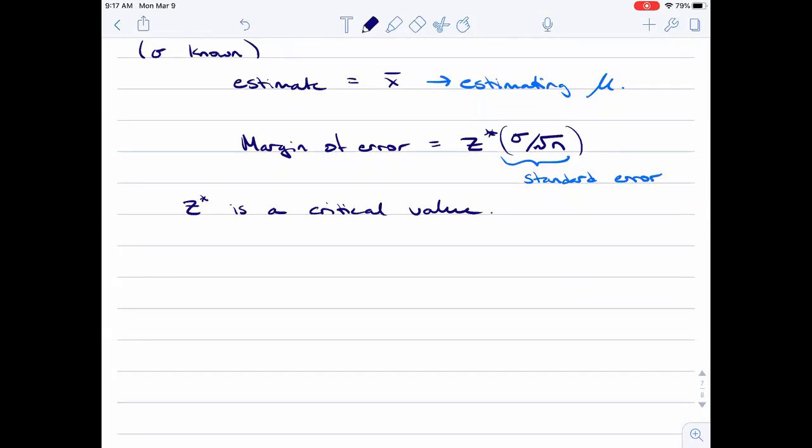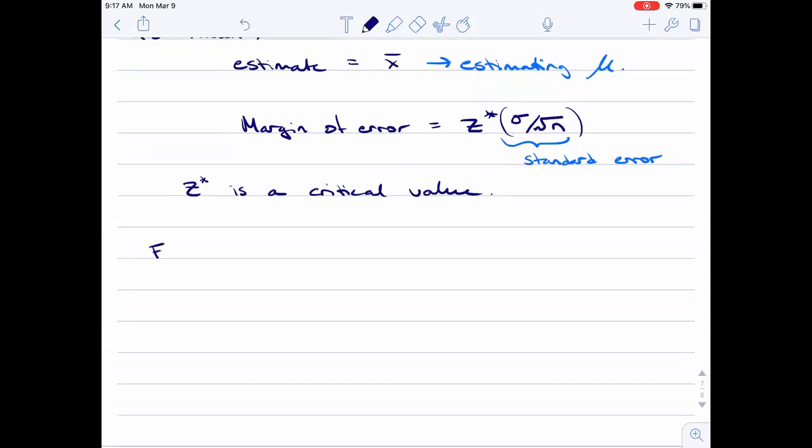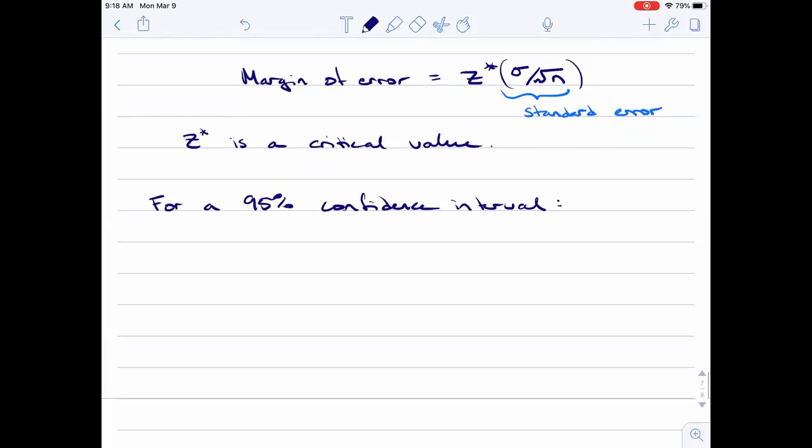So for us, what we need for a 95% confidence interval, and 95 is the default, which I'll also add a note here.